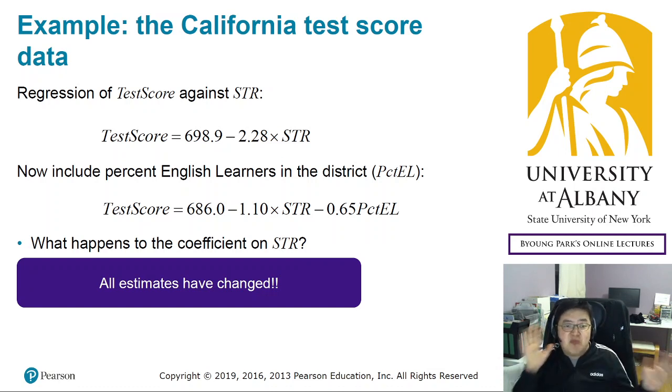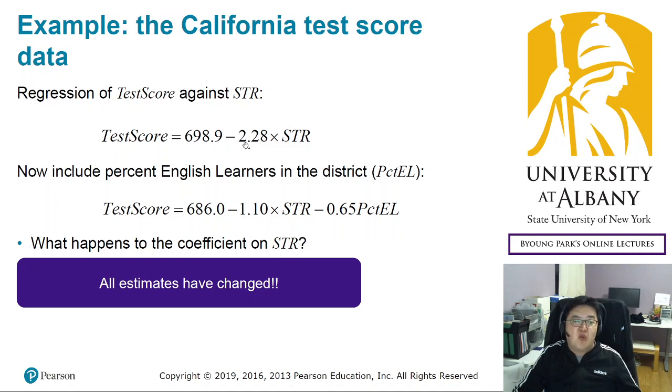That's the importance of including all the relevant variables. So those difference, you can think this difference was the omitted variable bias. So after the inclusion, the effect looks like minus 1.1.